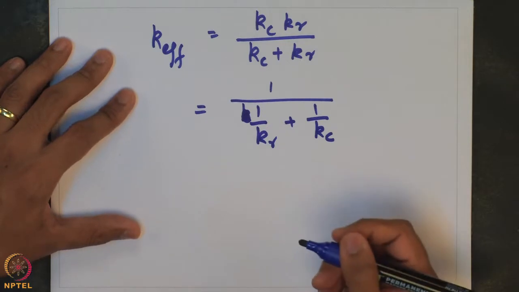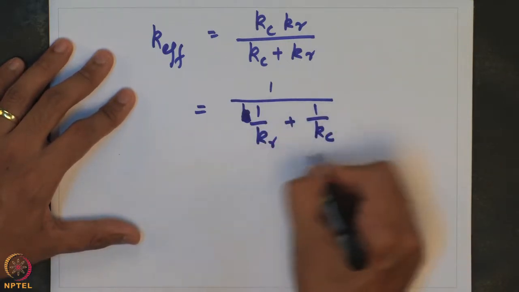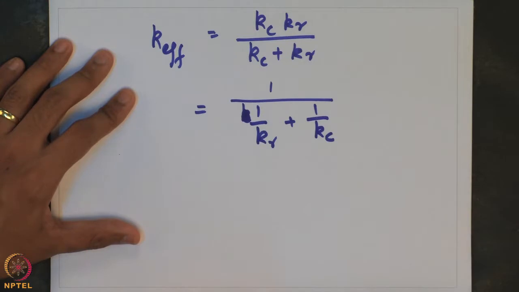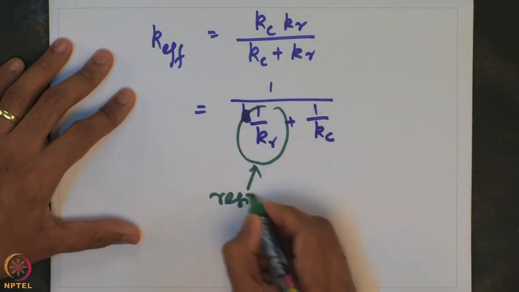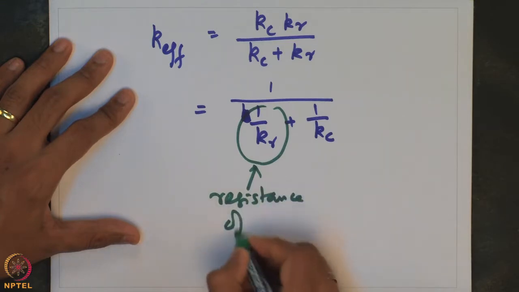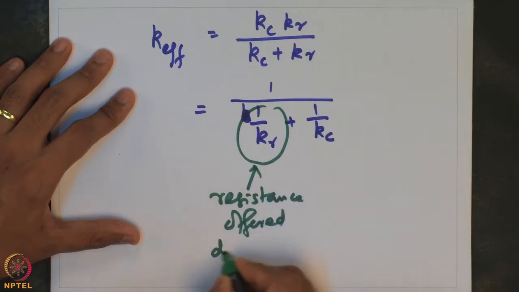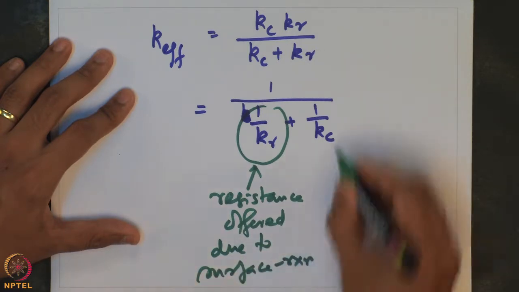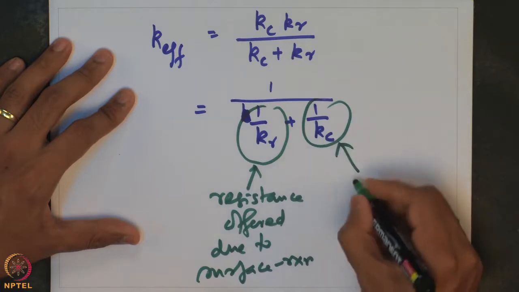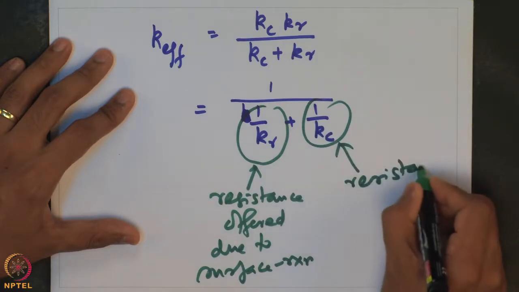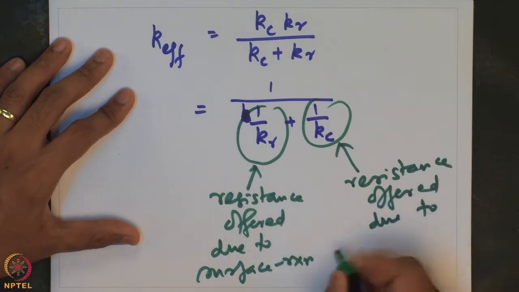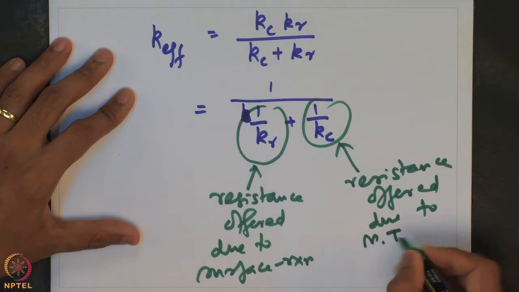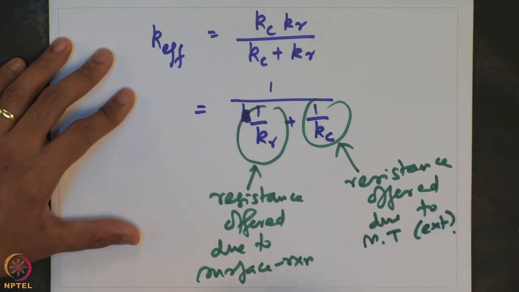So, what I essentially see is that there are two resistances present here. This is the resistance offered due to surface reaction, and this is the resistance offered due to the mass transport, external mass transport.